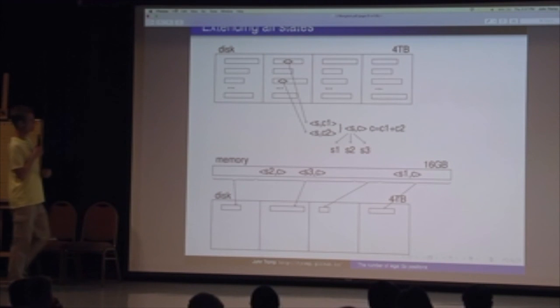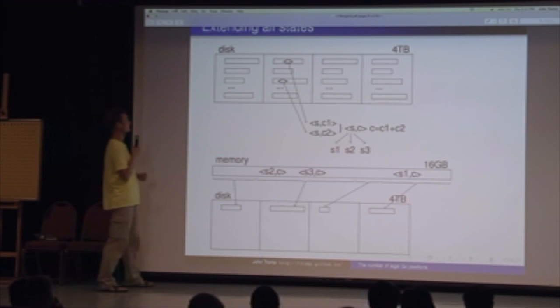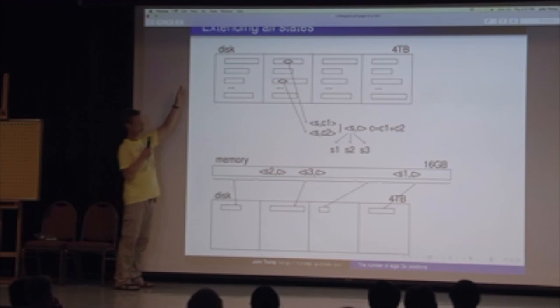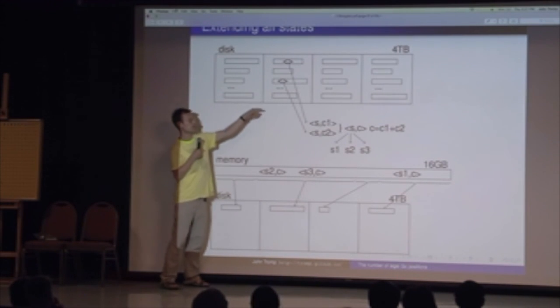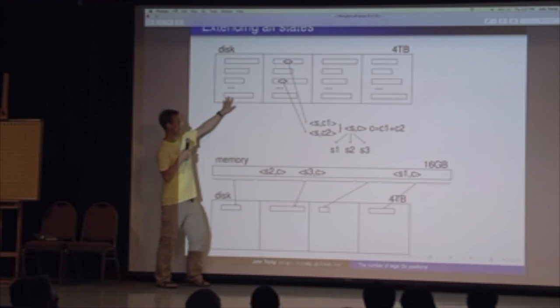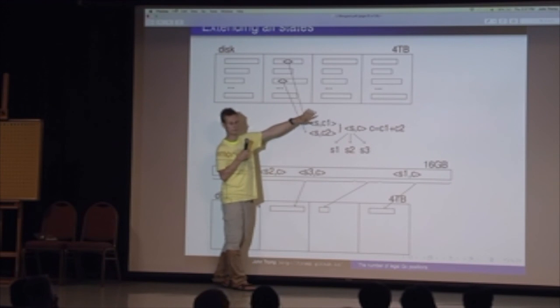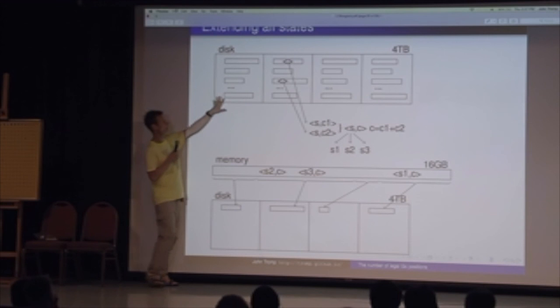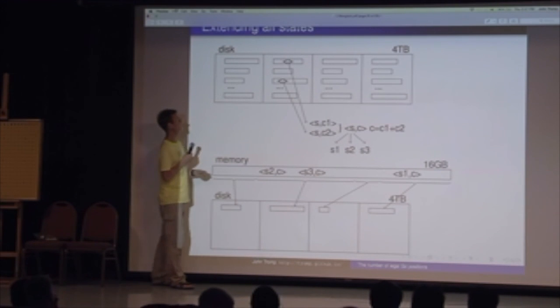So here's an overview of how the computation takes place. I have my disk space, and this is going to be one data set. I've already divided it up into 4 partitions, so there will be 4 CPUs working on these separate parts.